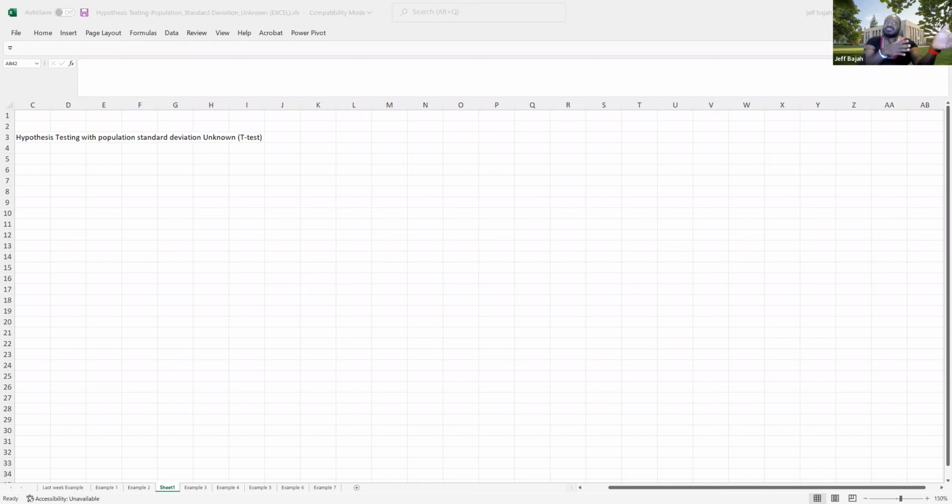And just like the first video, where we did 3 examples, to the left, to the right, and 2-tailed test, in this video, we're also going to do the same thing. We're going to look at how to solve these questions from the point of view of a left-tailed test, a right-tailed test, and a 2-tailed test. By the end of this class today, you will be comfortable solving questions when the population standard deviation is unknown.